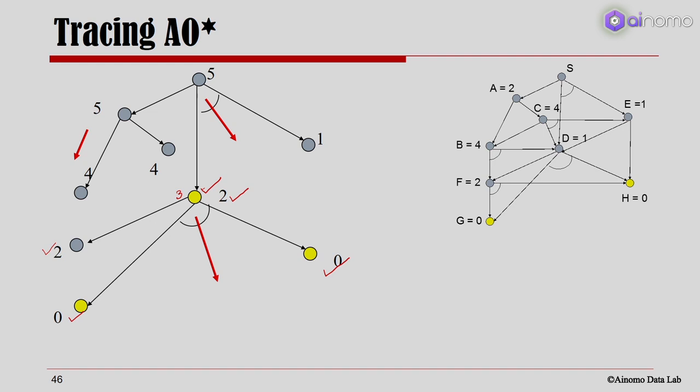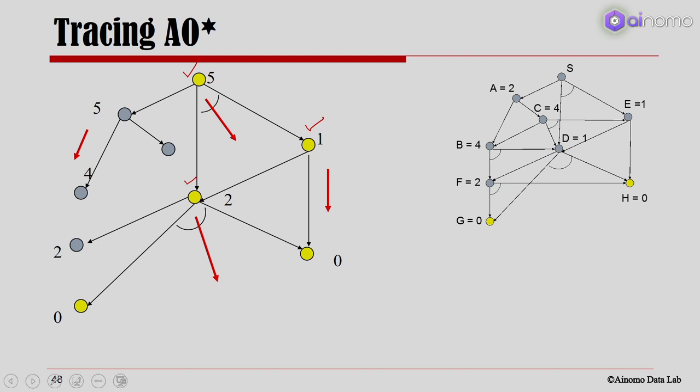Once you have marked D solved, I can next look at expansion of node E. So I expand node E, and this path that is marked has a cost of 1, which I follow. Once H is marked solved, I can mark E as solved, and once E is solved and D is solved, I can mark my S solved. This gives me the solution to the AND/OR graph, and I arrive at the solution of the given problem.